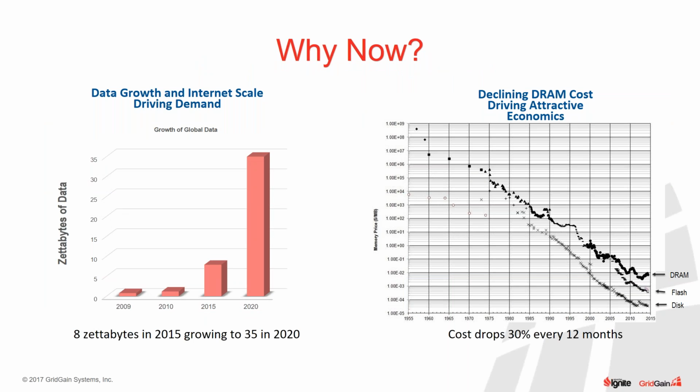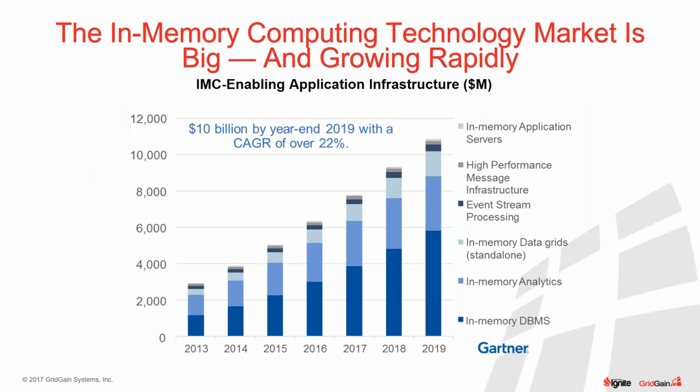So here's a little graphic of RAM prices coming down while at the same time data is growing, and the technology is now available to work with this data in memory and get better performance and scalability.